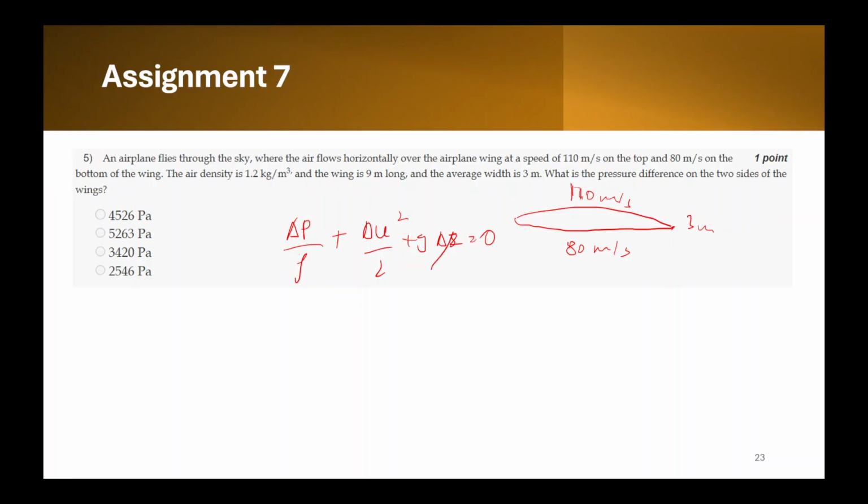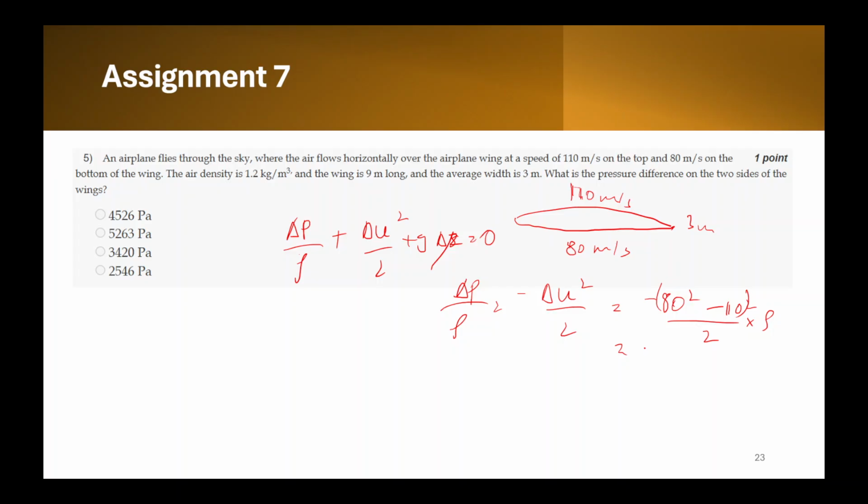In this problem, we neglect this delta Z, which is basically 3 meter, a relatively insignificant value when compared to these high values. So delta P by rho will be minus of delta U square by 2. So this comes out to be 80 square minus 110 square upon 2 into your rho, like that.